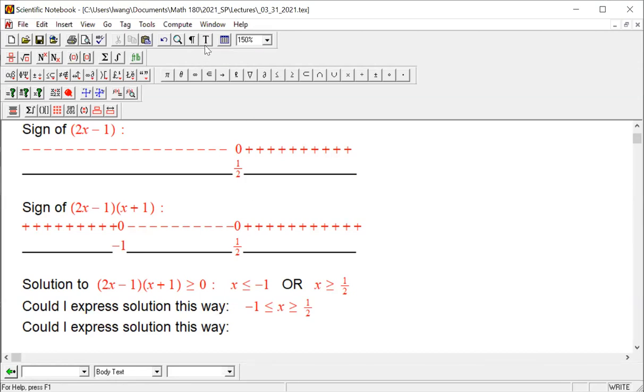Could I express the solution this way? X is less than or equal to 1, greater than or equal to half. Could I do that? No. So please never ever do this.